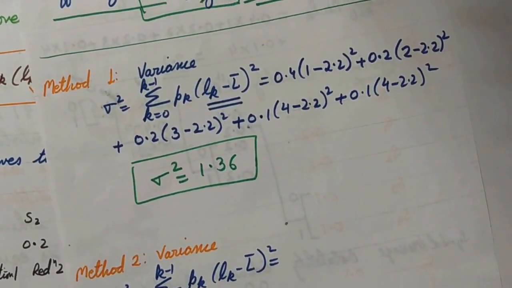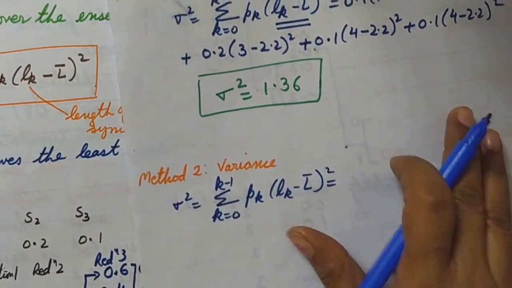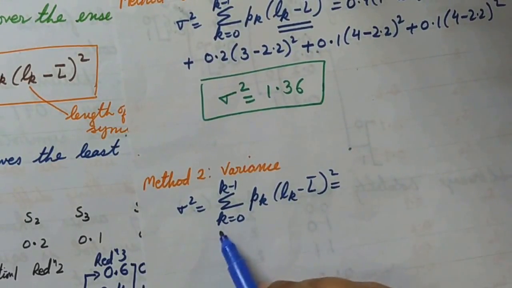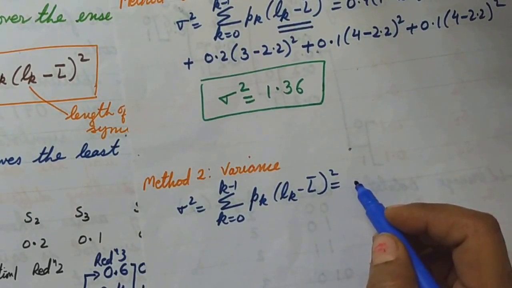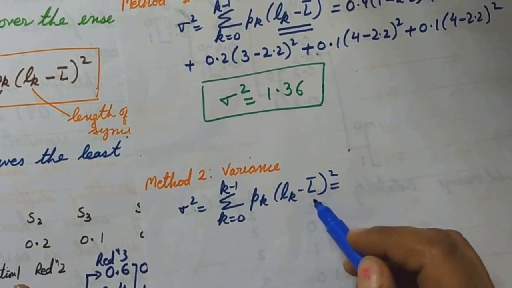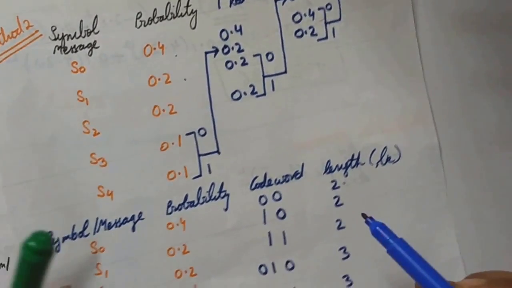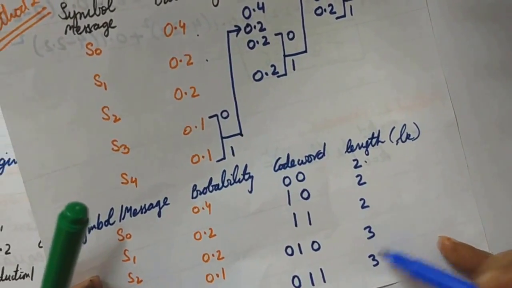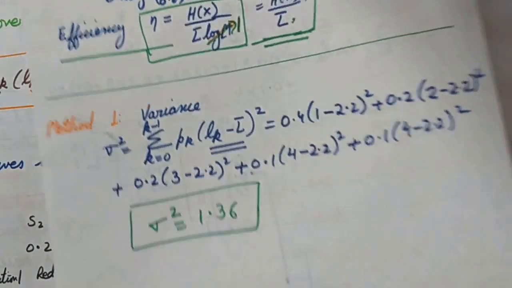And in method number 2, I'll be using the same variance formula. pk is the same, L bar is the same, the difference is in Lk. The Lk values which we obtained are 2, 2, 2, 3, 3.